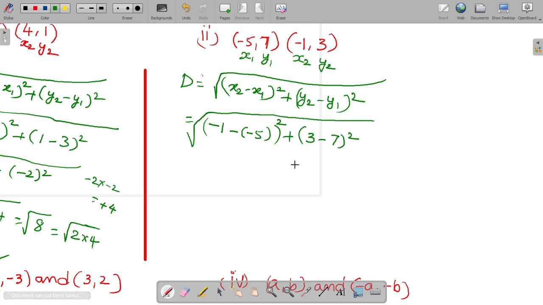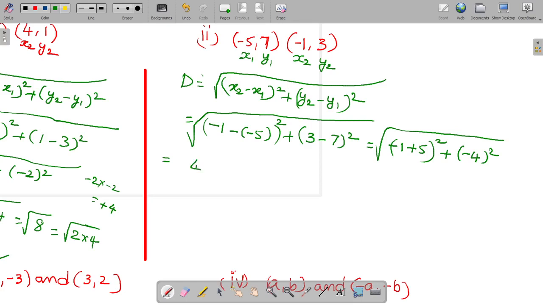So it is equal to minus 1 minus of minus, plus 5 whole square, plus 3 minus 7 is minus 4 whole square under root, which is minus 1 plus 5 is 4, 4 square is 16, plus minus 4 into minus 4 is 16.